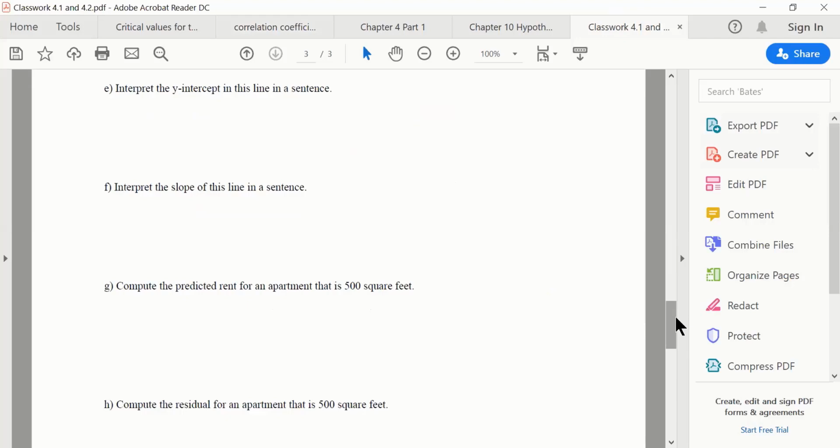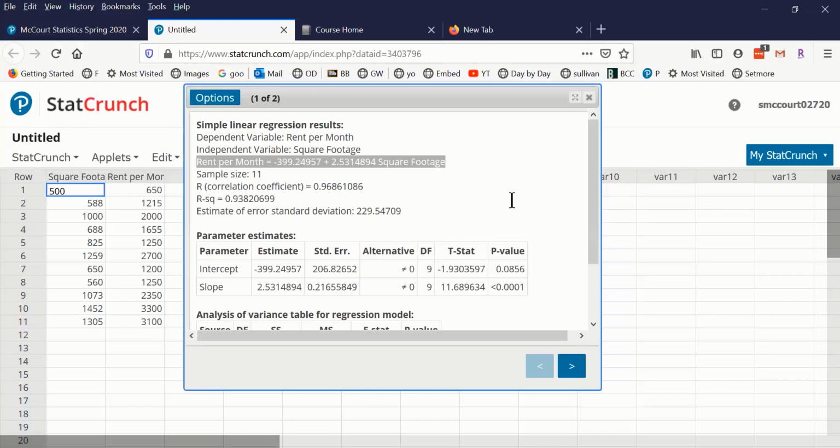Question E, interpret the y-intercept in this line in a sentence. So I'm going to go back to StatCrunch and look at it again. My y-intercept is where my x is equal to 0, which means square footage is equal to 0.